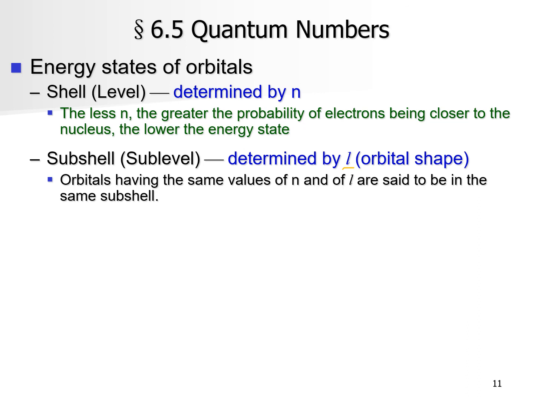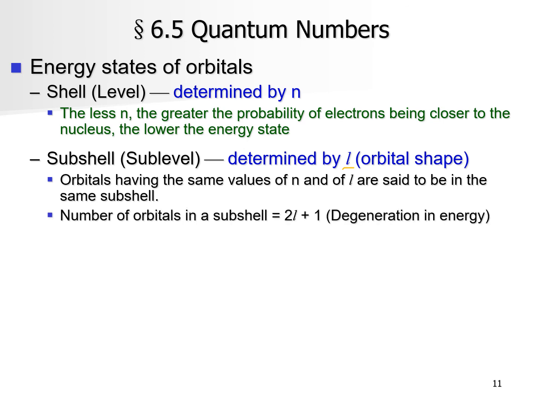Orbitals having the same values of N and L are said to be in the same subshell. And we'll try to explain this statement with a different analogy in the next slides.